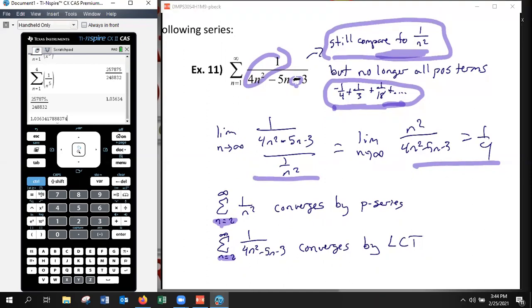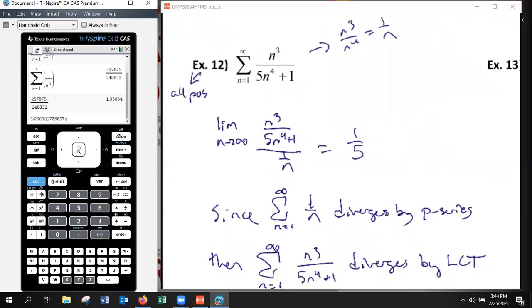So be very, very careful, because I am going to give you a problem where you do have to consider what happens after the first term, because the first term doesn't match the conditions for the test that we're going to use. But anyway, 1/n squared converges by a p series, therefore the series that we want also converges by the limit comparison test.